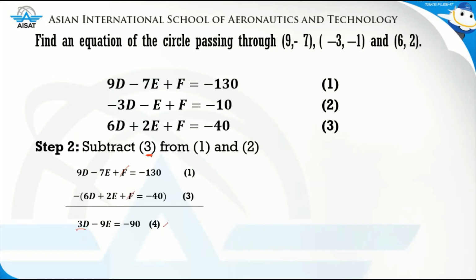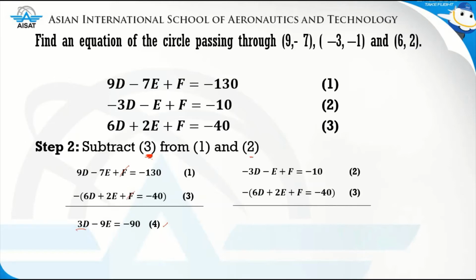Now let's have the third equation subtracted from the second equation. So we have the second equation, negative 3d minus e plus f is equal to negative 10. And our third equation is 6d plus 2e plus f is equal to negative 40. So by subtracting them again, we'll have negative 3d minus 6d.